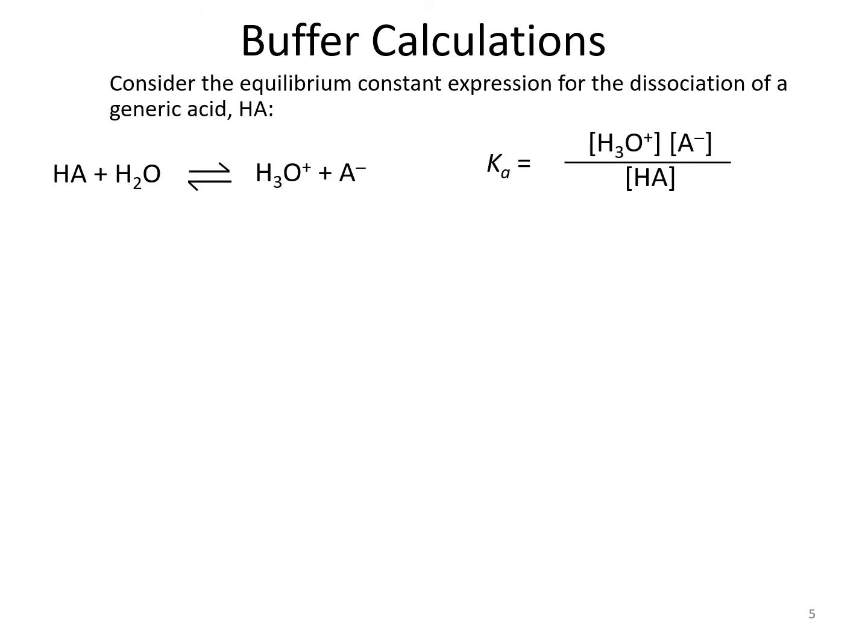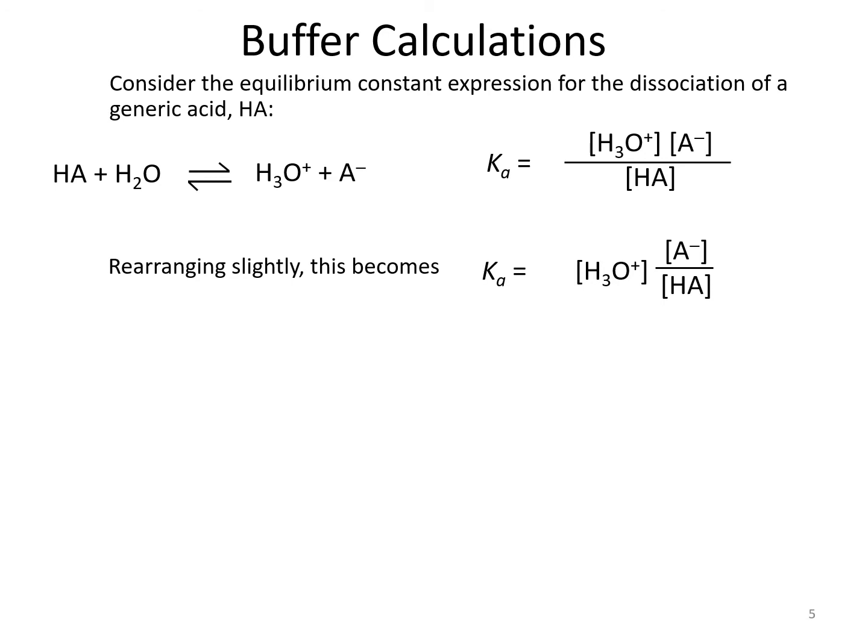First, let's write the reaction for a general acid, and that's where we use HA. A represents an anion. Then once we write the reaction, we can write the equilibrium expression. Then we're going to rearrange this just a little bit because we want to get this in a form that's easier to use.